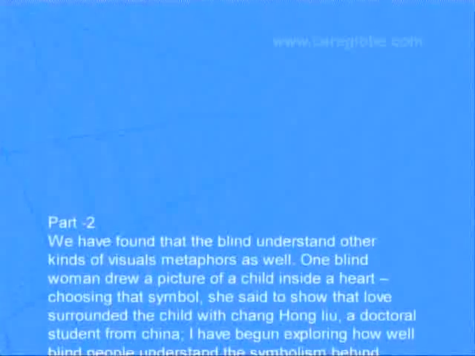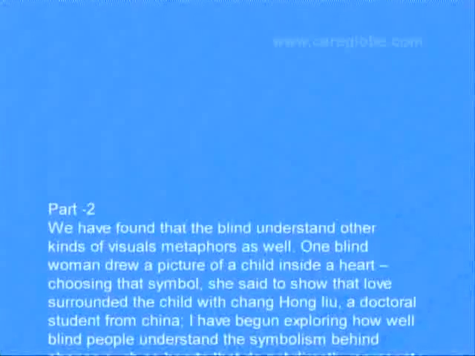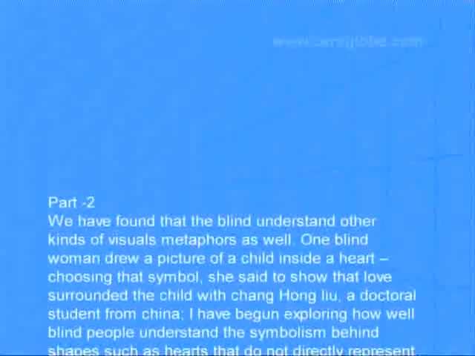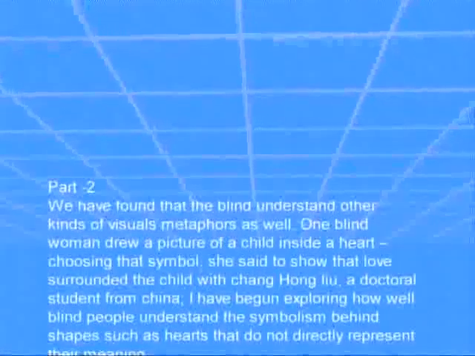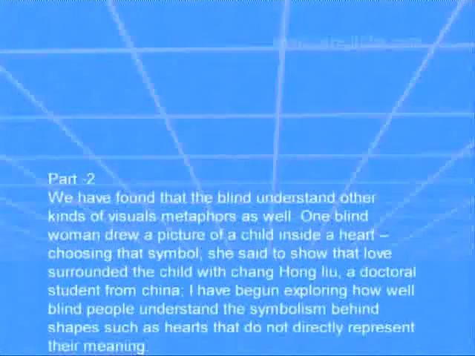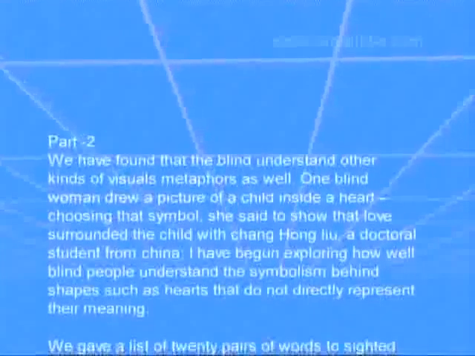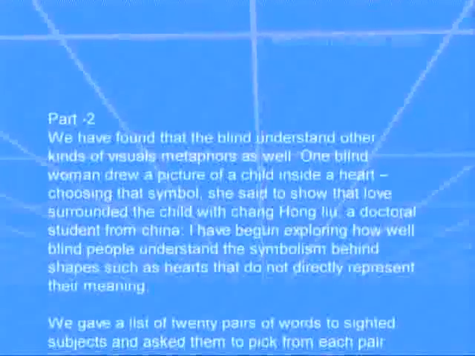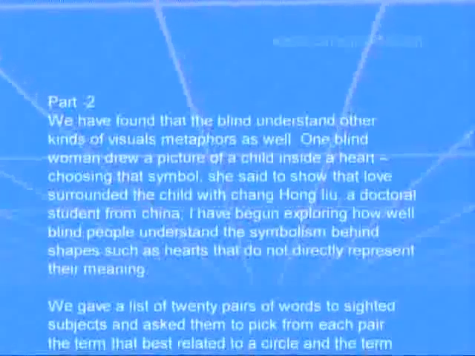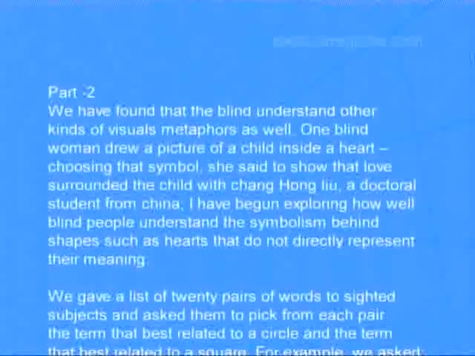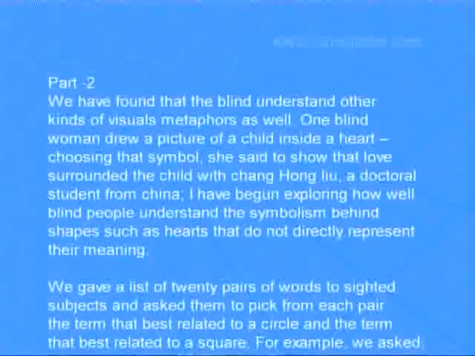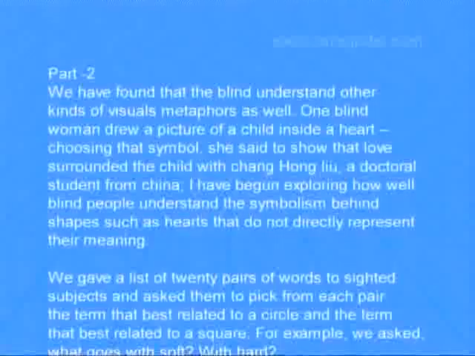With Chang Hong Liu, a doctoral student from China, I have begun exploring how well blind people understand the symbolism behind shapes such as hearts that do not directly represent their meaning. We gave a list of 20 pairs of words to sighted subjects and asked them to pick from each pair the term that best related to a circle and the term that best related to a square.